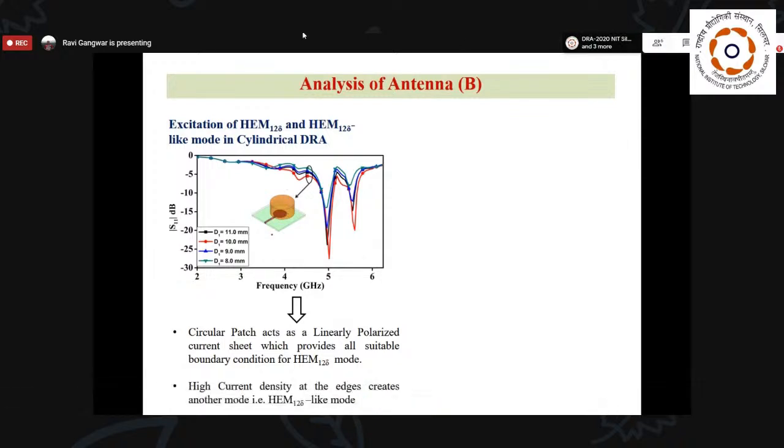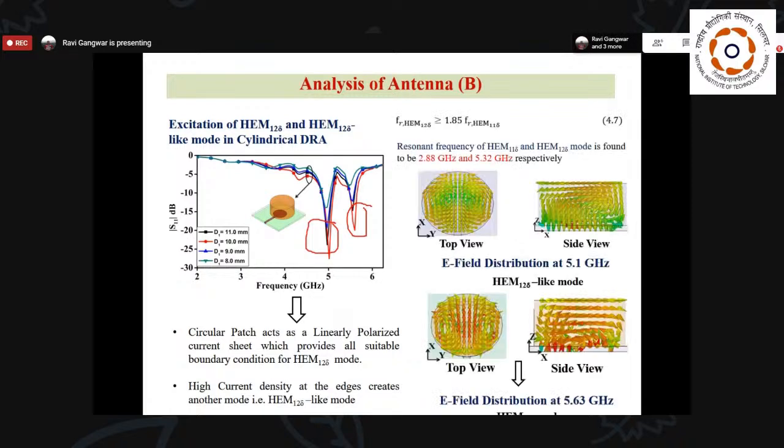When I looked at the S-parameter variations, I got these two different bands. When I analyzed these two bands by plotting the electric field distribution, I found we are able to generate two different modes, HEM11δ and HEM12δ-like mode. So when we generate these modes, we looked at the necessary conditions so that we are able to get these two kinds of modes.